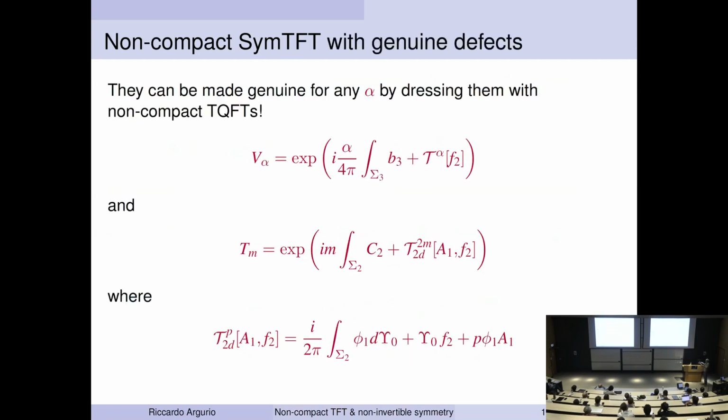We can remove this attached surface by exactly the same kind of trick that we used on the boundary. So we can dress these operators, which, when pushed to the boundary, become the axial symmetry defects, by the same TQFT, and there is a similar story for these other operators. So in this theory we are using non-compact TQFT twice: the symmetry TFT is a non-compact TQFT, and then to make the operators genuine, we use another non-compact TQFT.